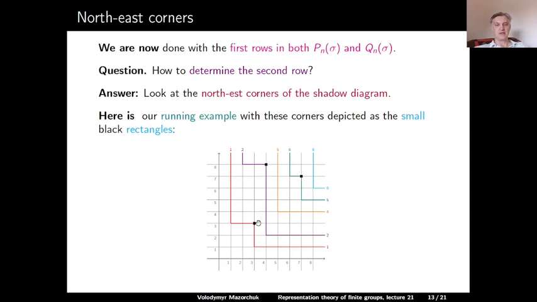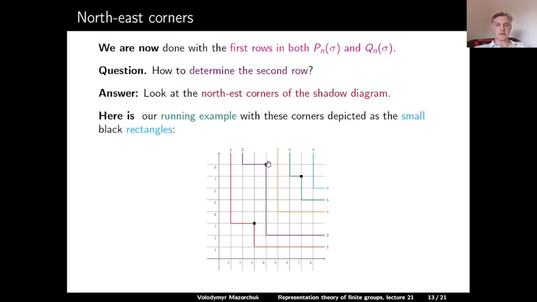So these northeast corners correspond exactly to the bumpings. This northeast corner records the information that when inserting the number 1 on the third step, it bumps the number 3, which was in the first position, staying there from step number 1.